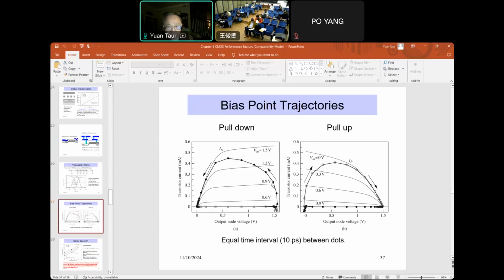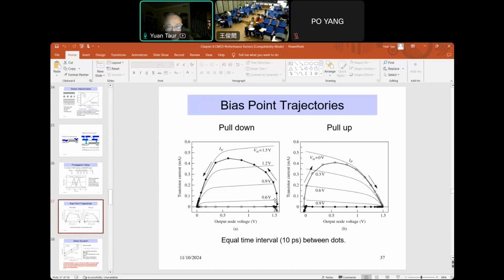when the gate voltage, in this case of the MOSFET, is low, not all the way to VDD. When it's low, the current actually depends more on mobility, not the saturation velocity.